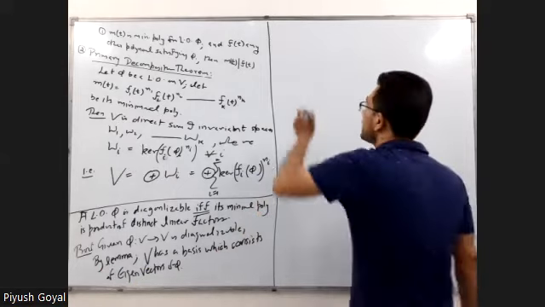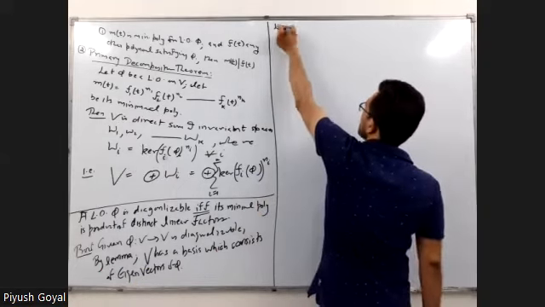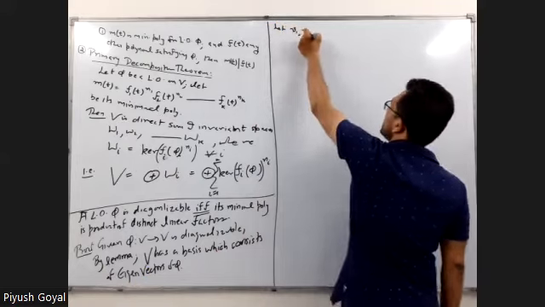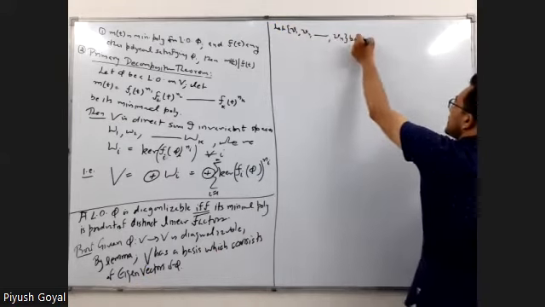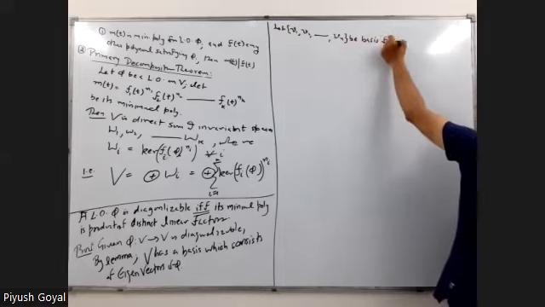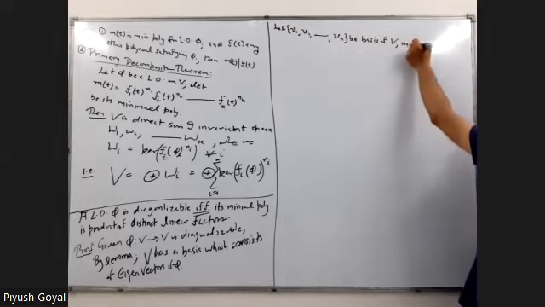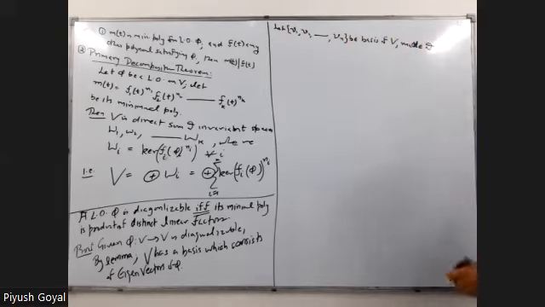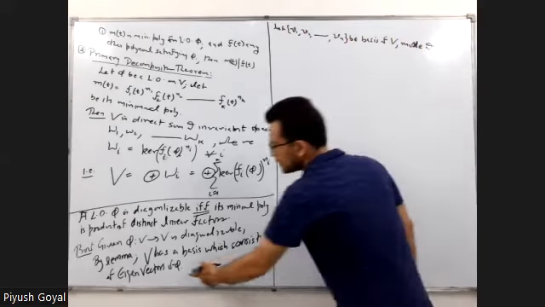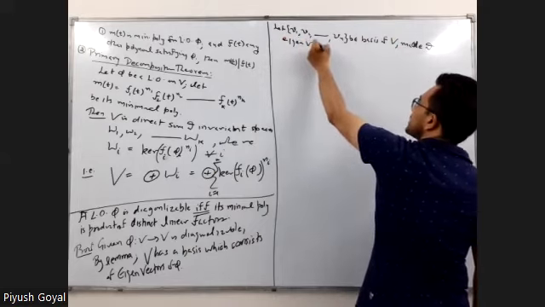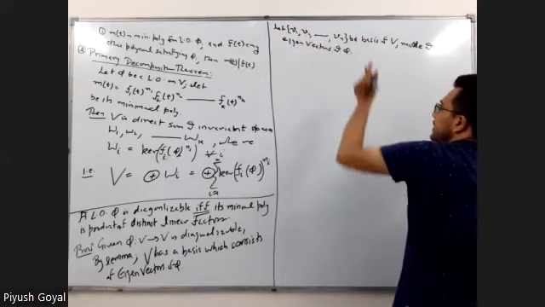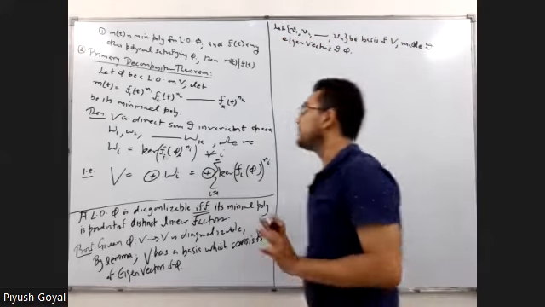So let v1, v2, up to vn be a basis of capital V made of eigenvectors of phi. Fine, easy.